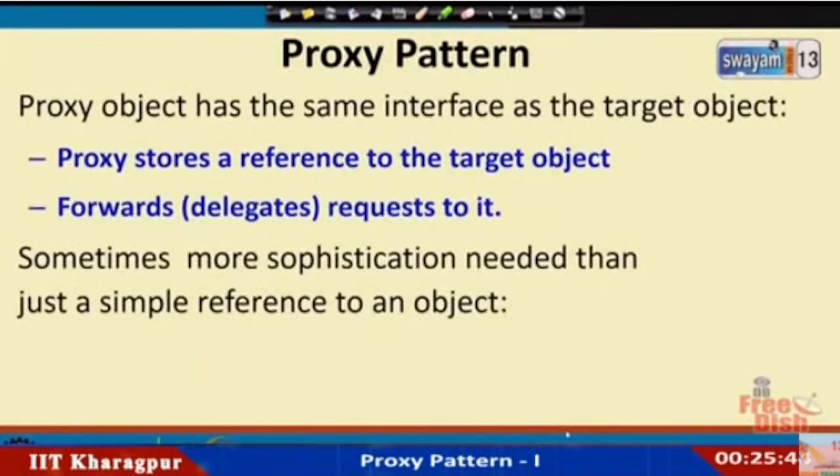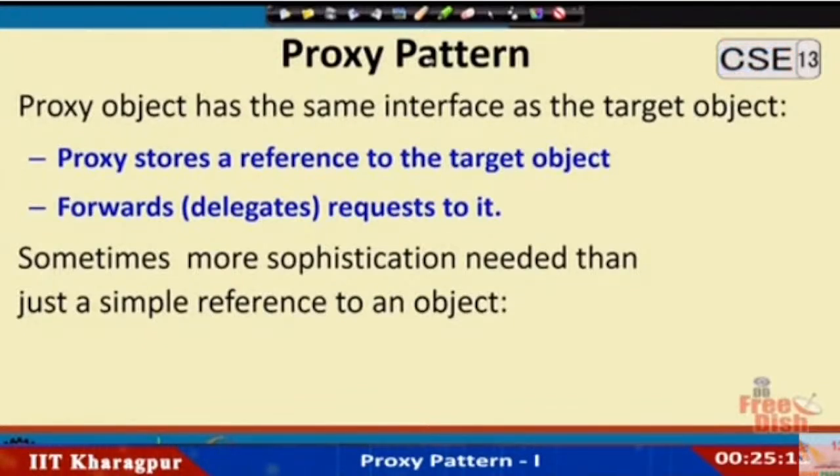In the proxy pattern, the proxy has the same interface as the target object. The client uses the proxy, and the proxy stores a reference to the target object. The client creates the proxy and interacts with the proxy.